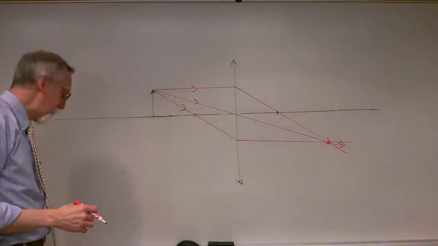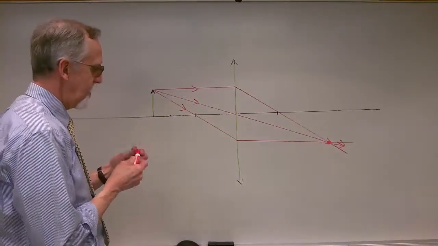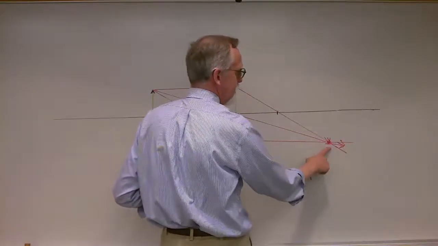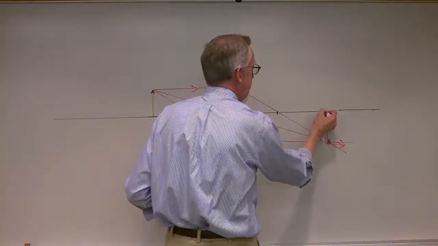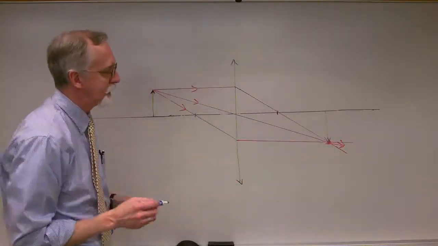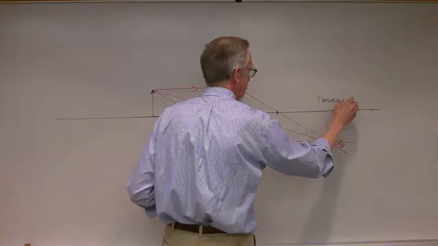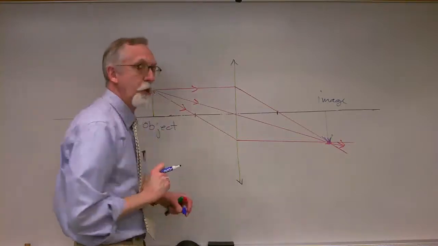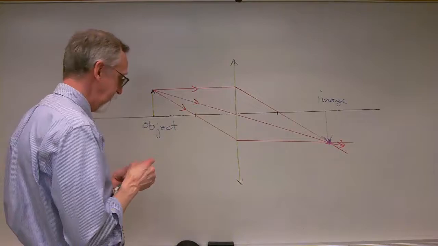And just like with the mirror drawings, the tip of the image is right here where all the rays converge. The tail of the image is on the principal axis, and there we go. There is our image. And here is our object. There we go.